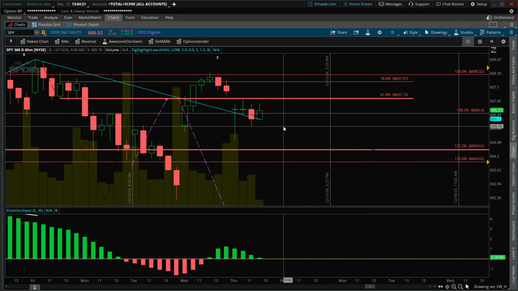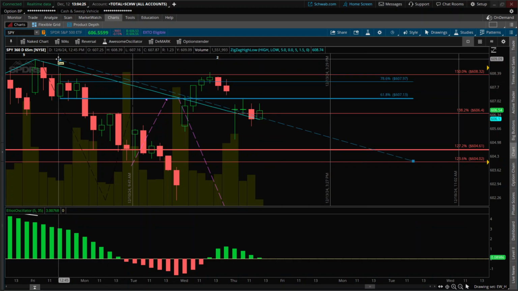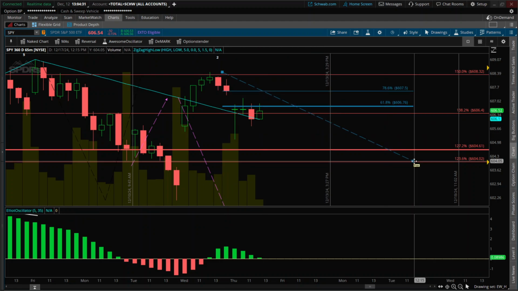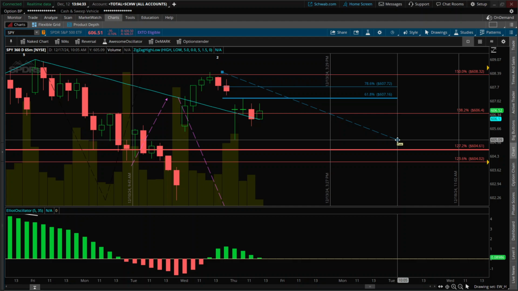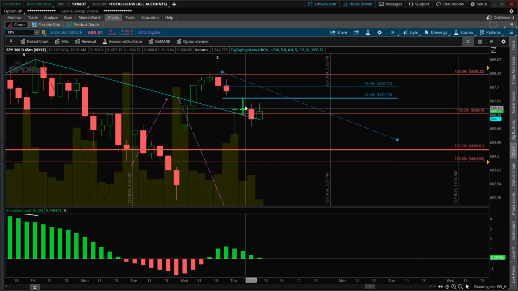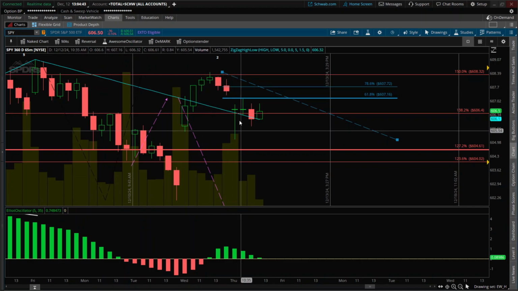I don't really like to go down to like the 15-minute when you're doing all these analyses, but from the top to the bottom of this move, we retrace back to the 62% retracement. So that's a 1-2 and then a 1-2, 1-2 there.